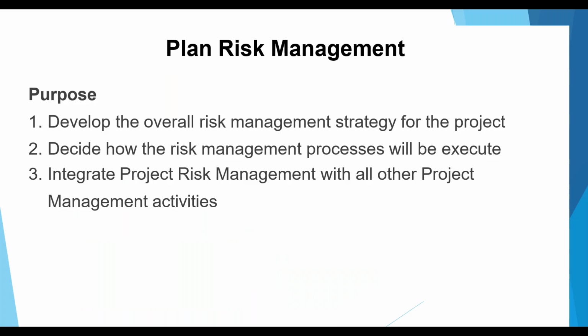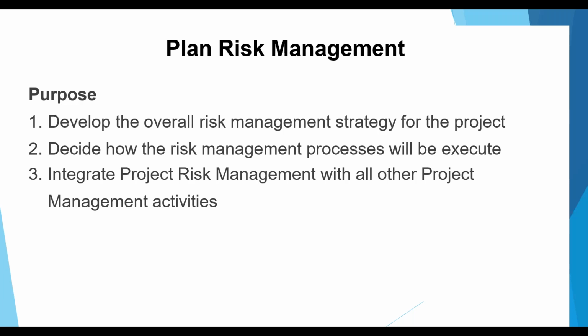Okay, so the project risk management process starts from planning risk management. The objective of this planning risk management process is to develop the overall risk management strategy for the project.